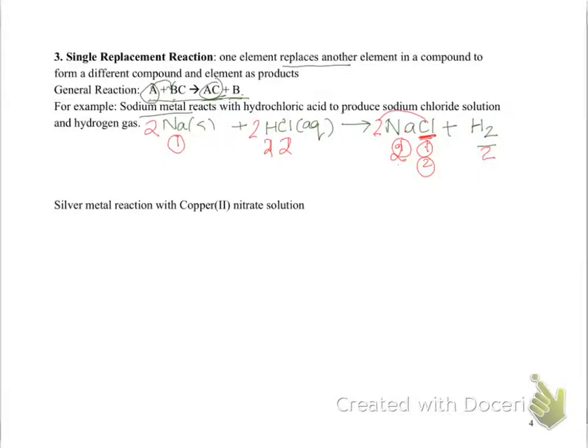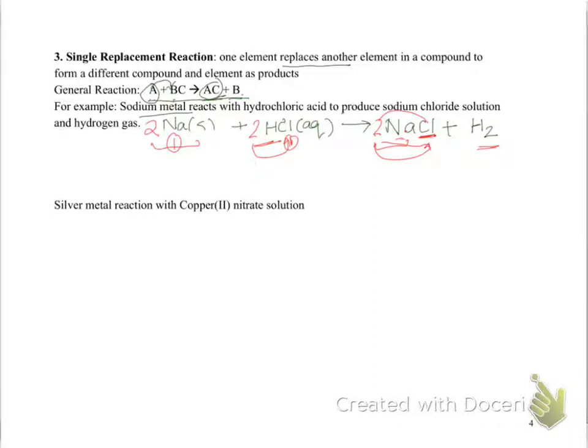So if you look at all the balancing, 2 sodium, 2 chlorine, 2 hydrogen atoms. The formula for NaCl, when I wrote down NaCl, it was not because there is 1 sodium here and 1 chlorine here.